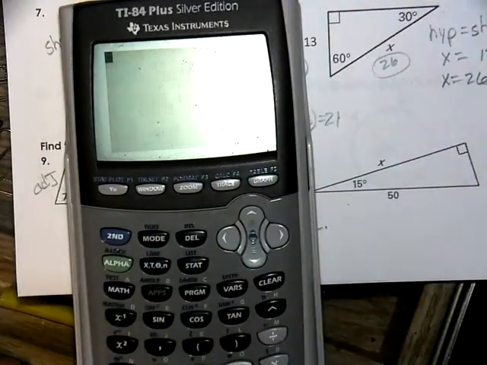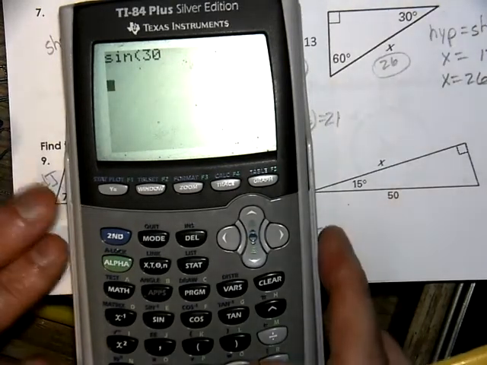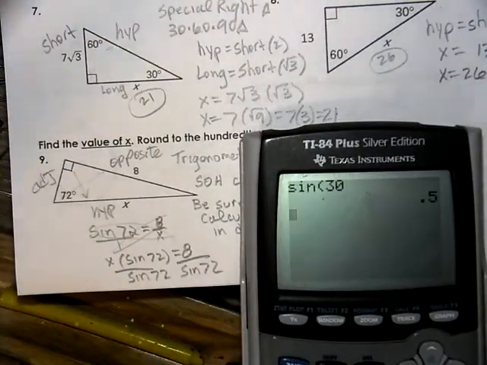Another way for you to test it is to hit sine of 30. And we know that the sine of 30 should give us a ratio of 0.5. So that's a real easy way for you to identify which angle versions you're using.